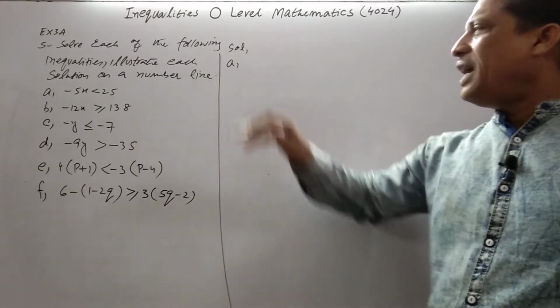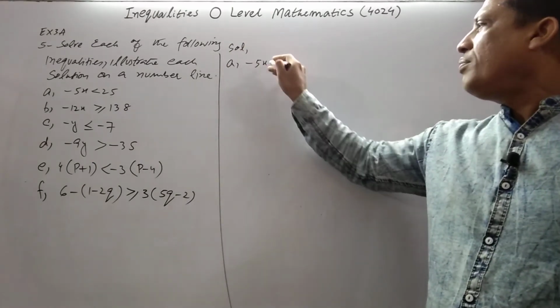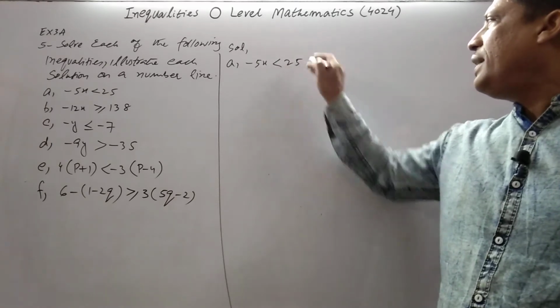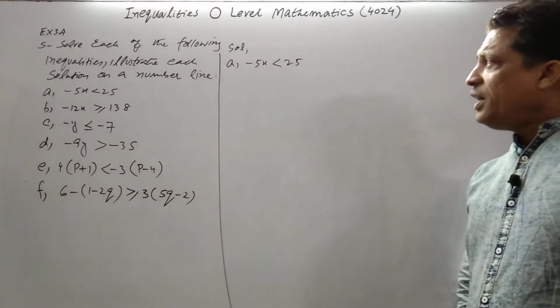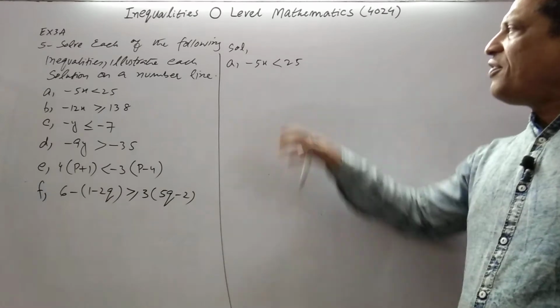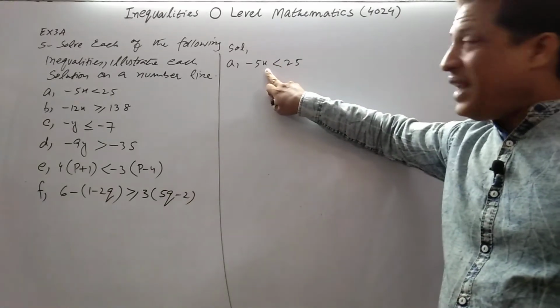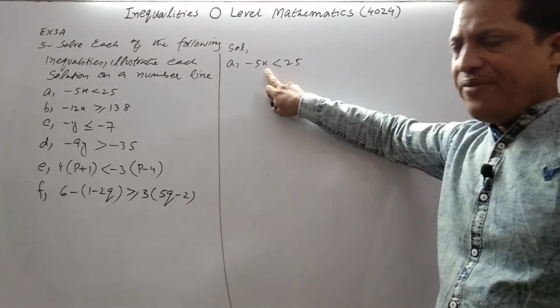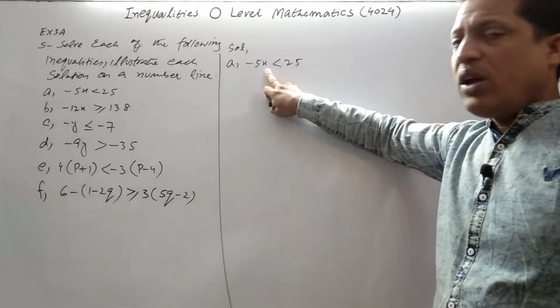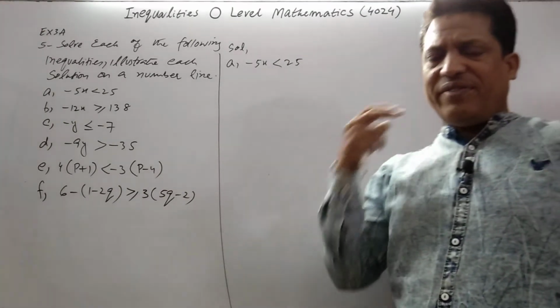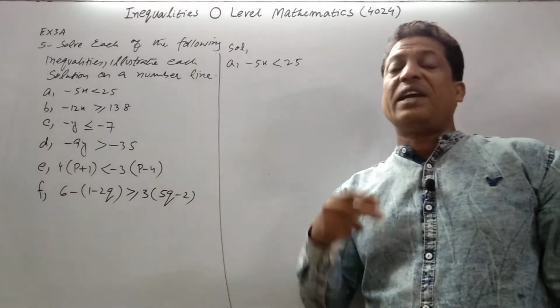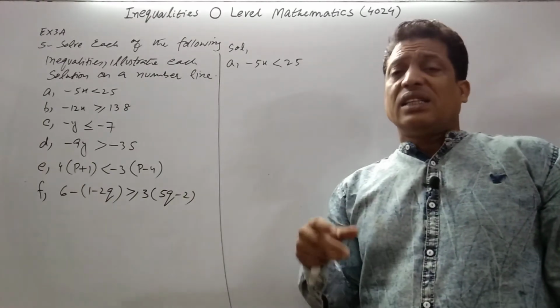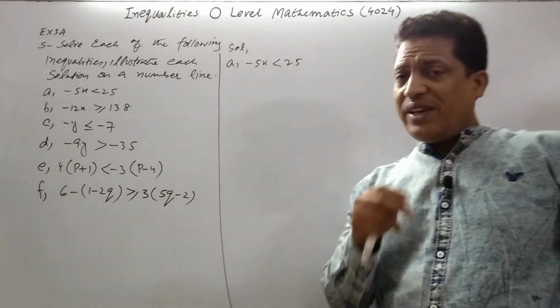Solution. Part A. Minus 5x less than 25. Students, we have already learned the property of inequality. If we multiply or divide both sides by the same negative number, the sign of inequality is always changed.